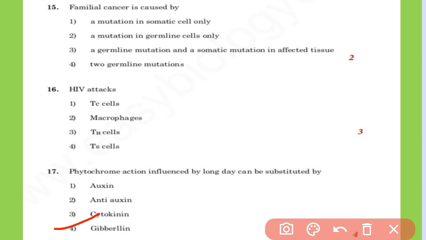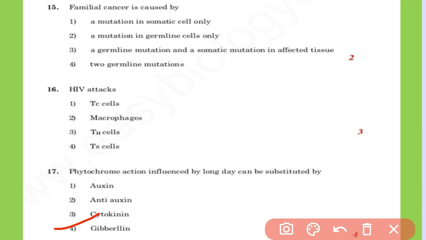Whereas auxin plays a crucial role in controlling plant growth and yield by regulating embryo development, seedling development, tropism, and apical dominance. Auxin is produced in the apices of plants and helps to control the growth.